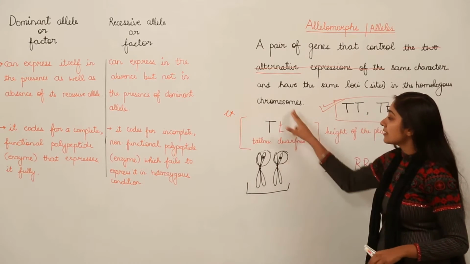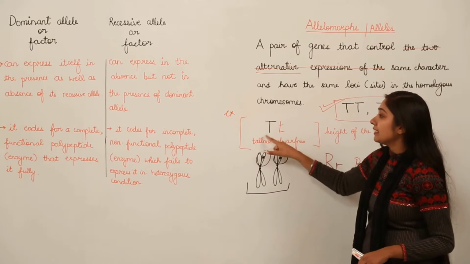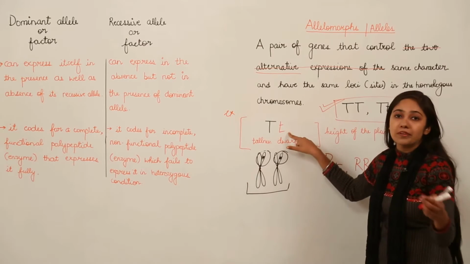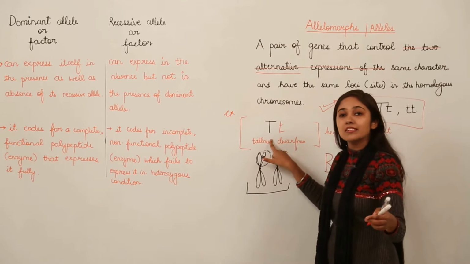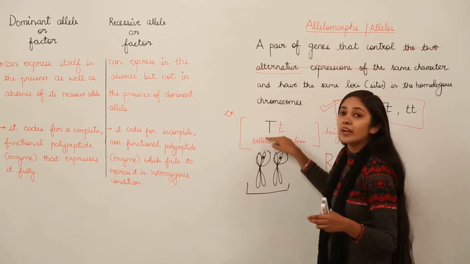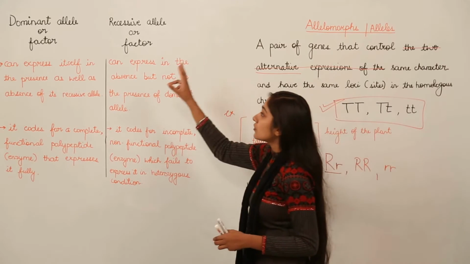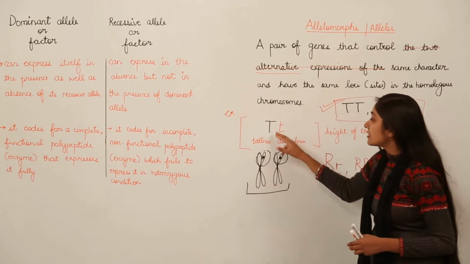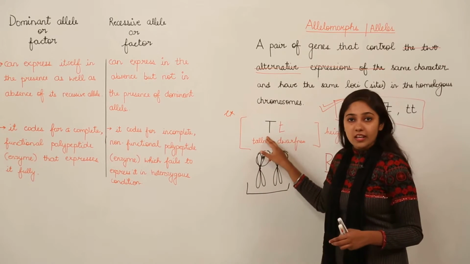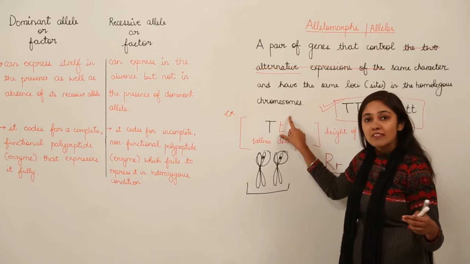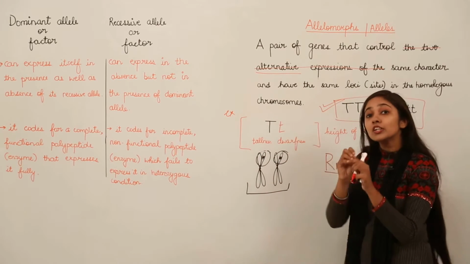So remember, dominant allele is that allele which is going to express itself whether this is present or not present. Remember, if dominant is present, this is going to be expressed. This is not going to be expressed. Okay. Next, in case of recessive allele, if we have a recessive allele with a dominant allele, so this is not going to be expressed, means the plant is still going to have a tall height. Plant is going to be tall. Okay.